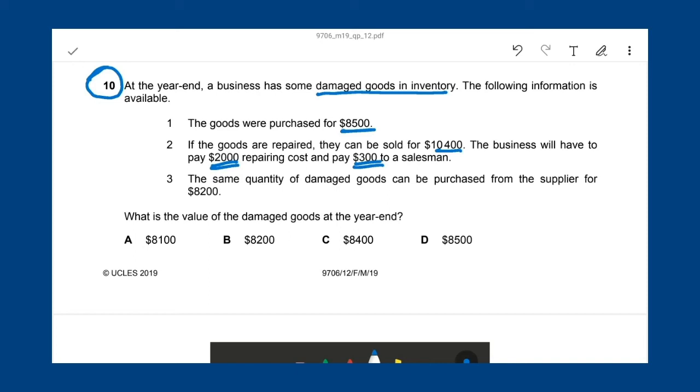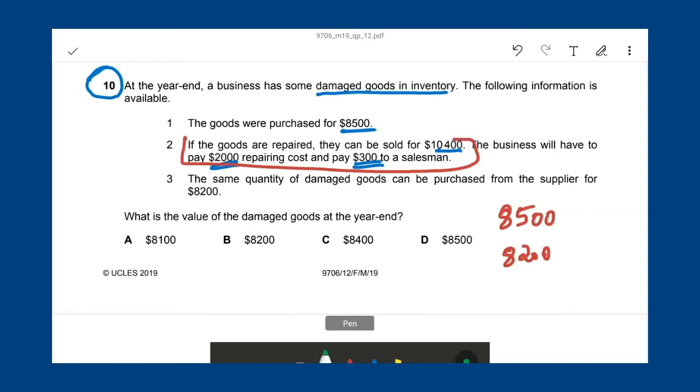We know inventory is valued at the lower of cost or net realizable value. Here the cost has been given. 8,500 is the purchase cost, but the market price now is 8,200. Two costs are given. At the same time they have given the net realizable value.